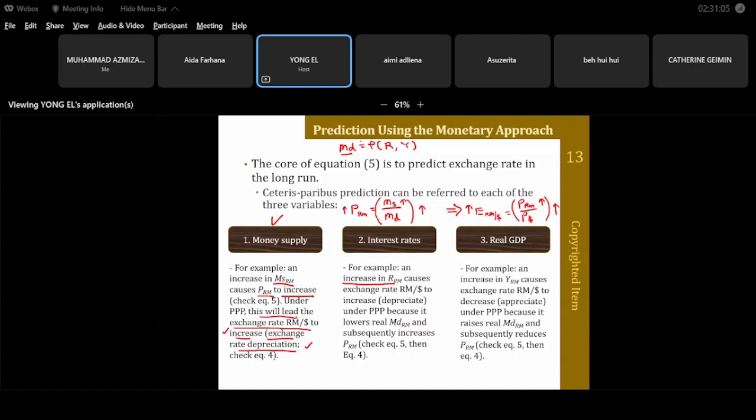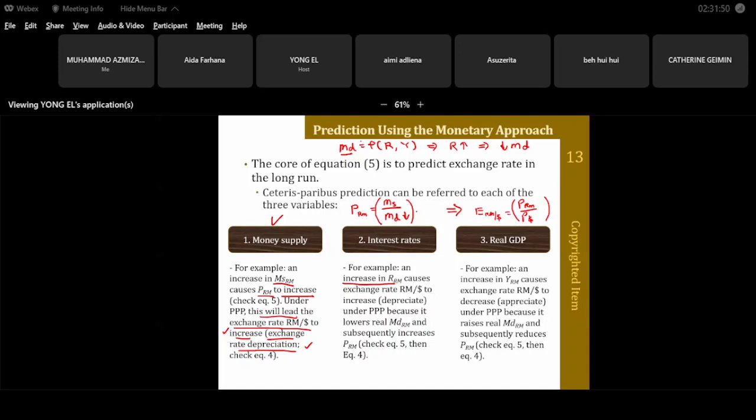The consequence, we understand, is that an increase in interest rate will lead to a decrease in money demand. Let's see, money demand decreases like this one. What happens to this ratio? Does the ratio become higher or smaller right here?